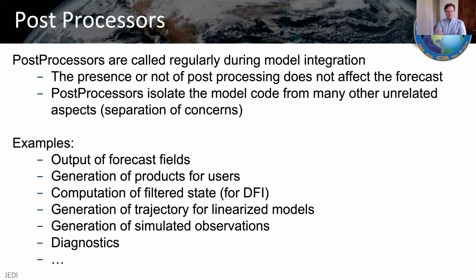So the output of forecast fields should be done by a post-processor, as should generation of products, and computation of a filter state, as I said, for digital filter initialization. We've already talked a lot about the simulation of observations that's happening during the model run. The generation of a trajectory for a tangent linear and adjoint model is also a post-processor that's saving whatever it needs from the current state to generate a trajectory.